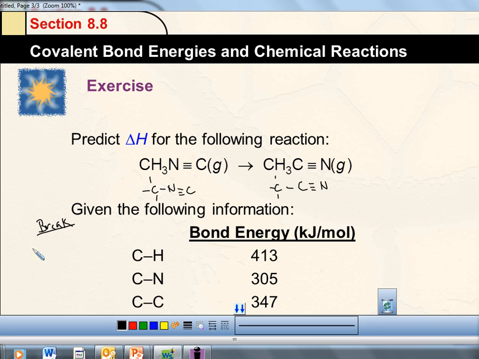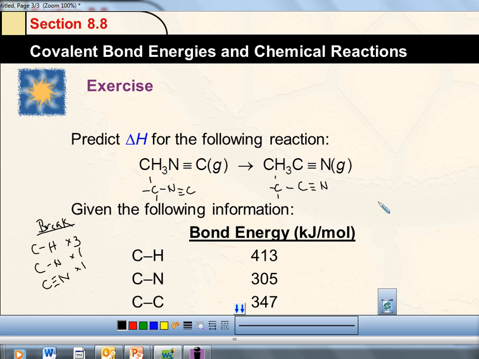So here I am breaking CH bonds, 3 of them. I am breaking a carbon single bonded to nitrogen, just 1 of those, and then I'm breaking a carbon-nitrogen triple bond, also just 1 of those.